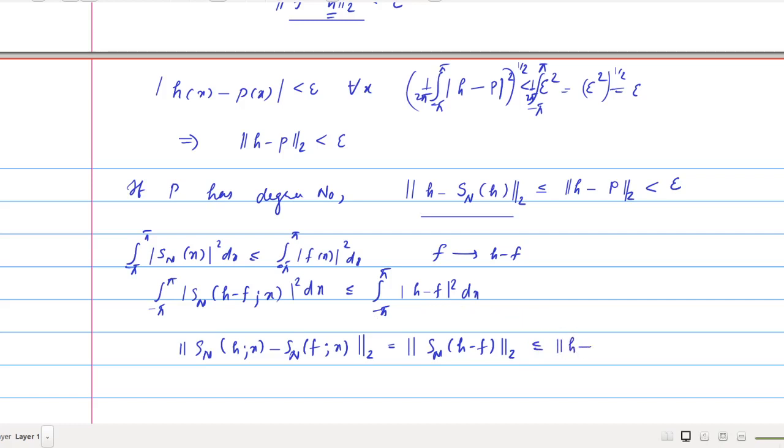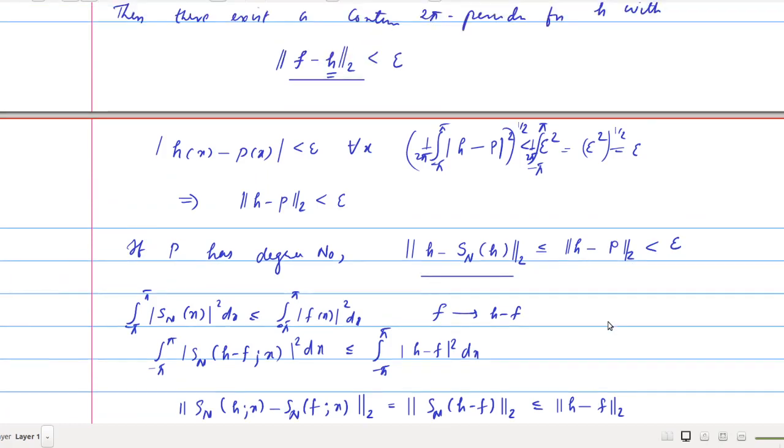This is true, and we have seen that the quantity h minus f is less than epsilon by 2, less than epsilon, due to the first result.